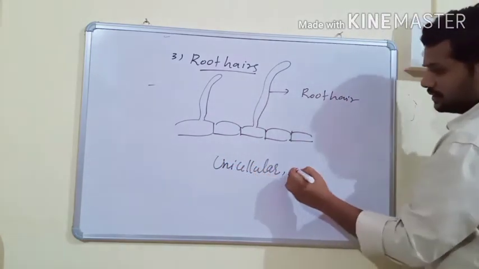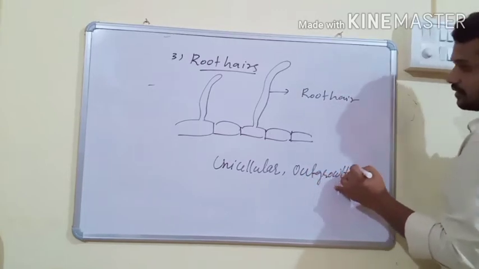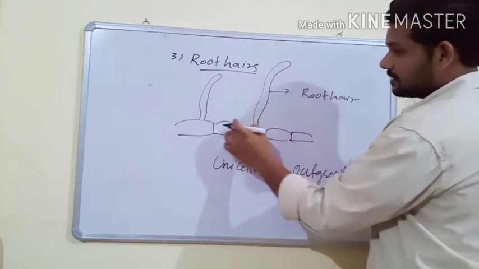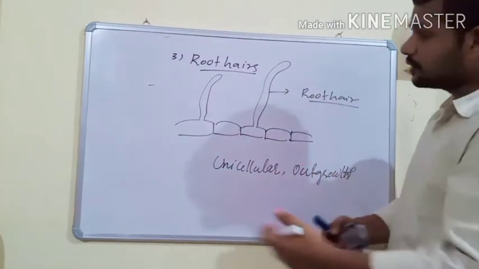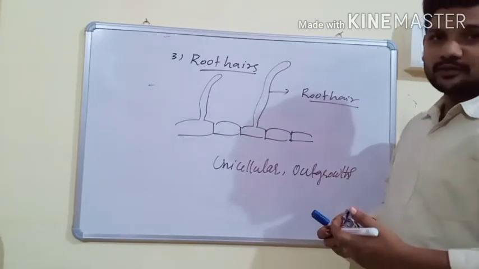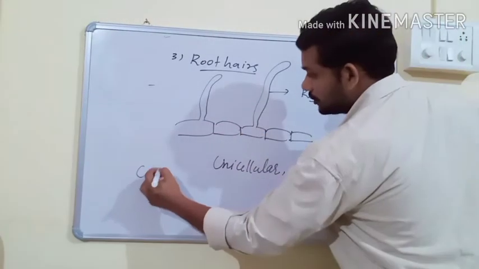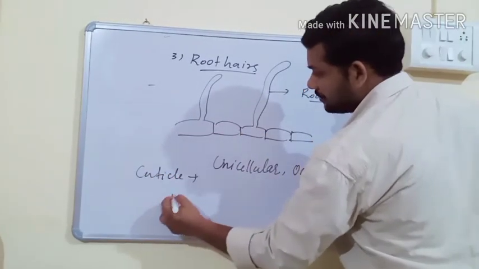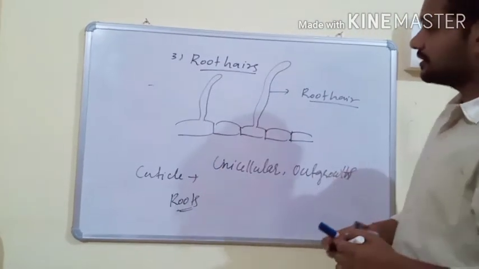Root hairs absorb water and minerals from the soil, and cuticle is usually absent in the epidermis of roots. Cuticle is present only in the epidermis of stems.